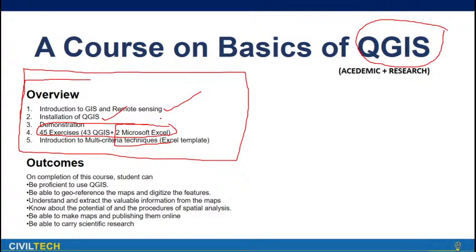Details will be shared with you later, and we assure you that each and every student in the cohort, whoever has registered, whoever has come on board, will by the end of this particular course be proficient to use QGIS, and will be able to create maps, create information in terms of maps, download information, everything.